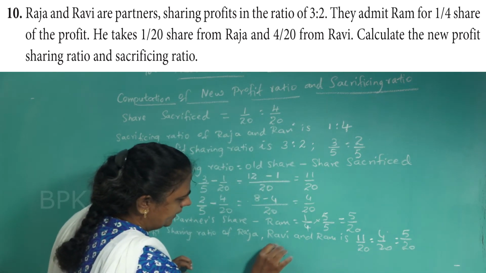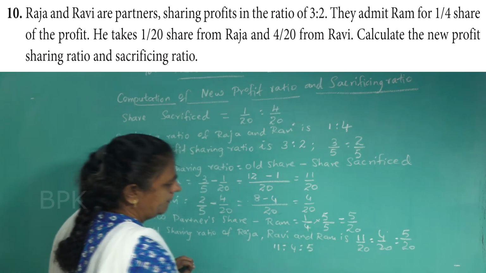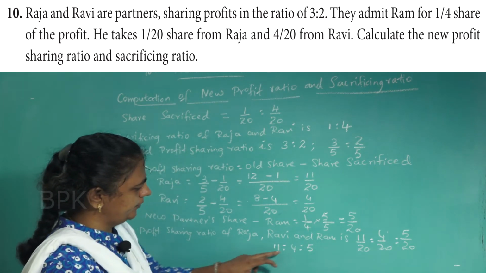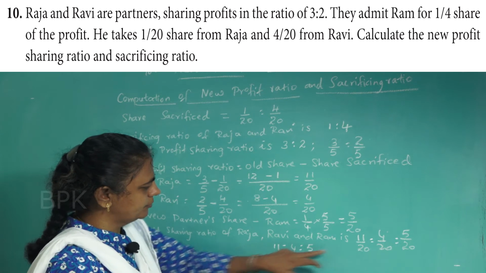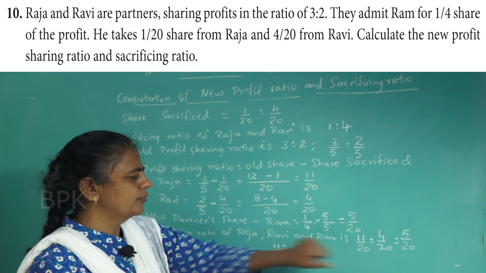That is 11 is to 4 is to 5. So if you add all this, you have to get the denominator 20. 11 plus 4 plus 5 gives 20.